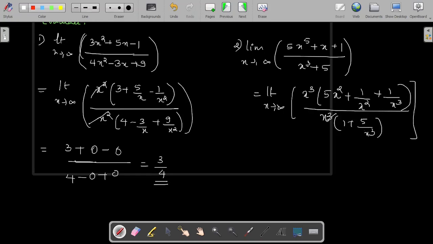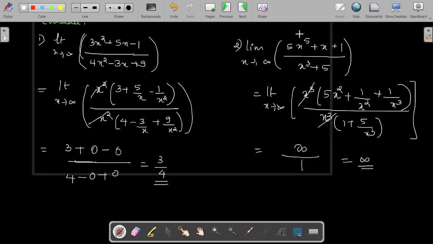So x cube cancels. Apply the limit. 5 by infinity is 0, so 1 in the denominator. In the numerator, all these values are 0, but 5 into infinity square is infinity. So the limit is equal to infinity.